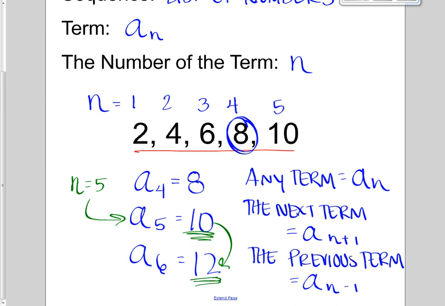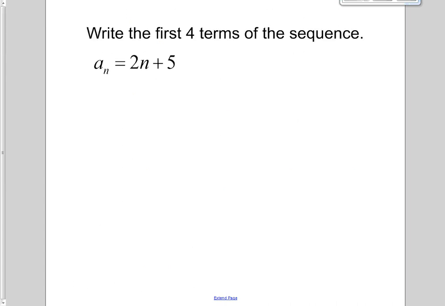Same idea, if we say that n equals 5, if I subtract 1 from 5, it becomes 4. Here's 4, and so this is A sub n minus 1. It went to the previous term, and I put the minus 1 on there. So hopefully that gives you an idea about how the A sub n plus 1 and A sub n minus 1 work, and what they're referring to in terms of these sequences.